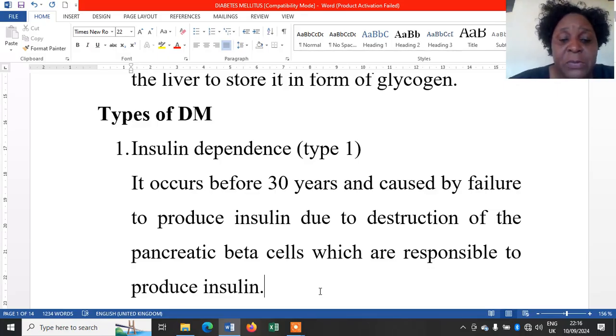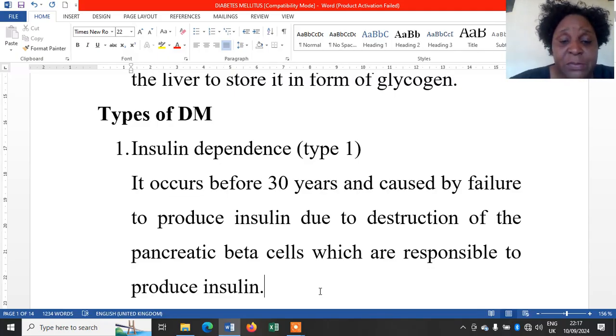And what is the problem? The pancreatic beta cells may be injured either by disease, may be injured by accident, or it may be injured by any pathological factors. And at the end of the day, the beta cells are unable to produce any insulin.